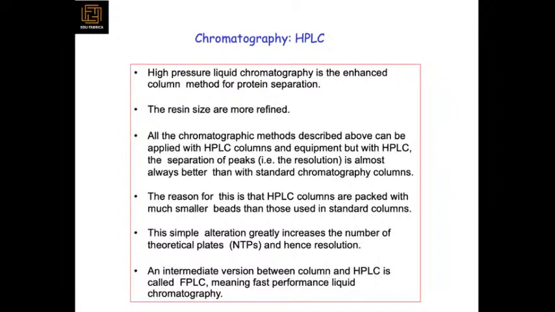So the resolution that we see with HPLC is almost the best. An intermediate version between HPLC and other column methods is called FPLC, fast performance liquid chromatography. That is not so important, but you should know it. These are also available in the market.